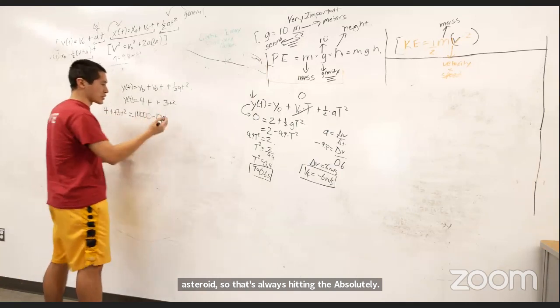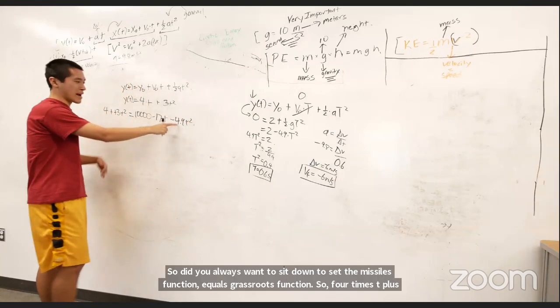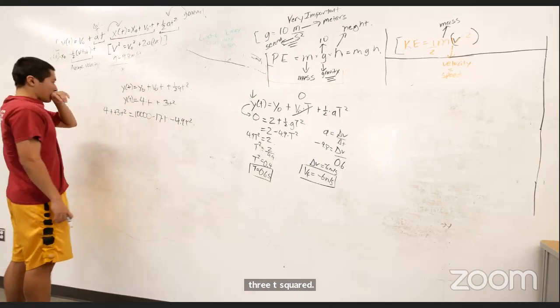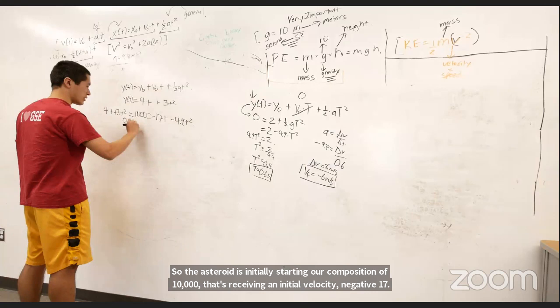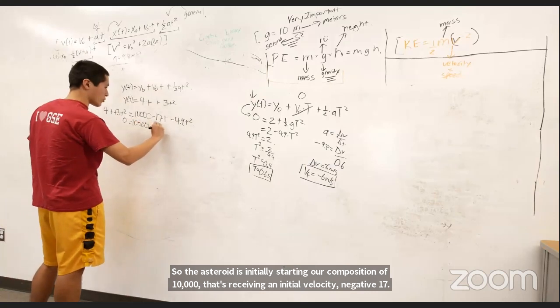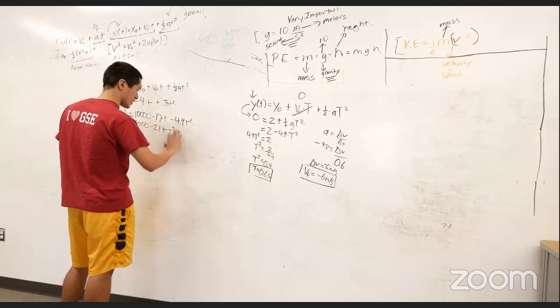And then the asteroid is free falling, so it's accelerating at this, which is just 1/2 times 9.8, which is 4.9. So some algebra here: 0 is 10,000 minus 21 times t minus 7.9 t squared.